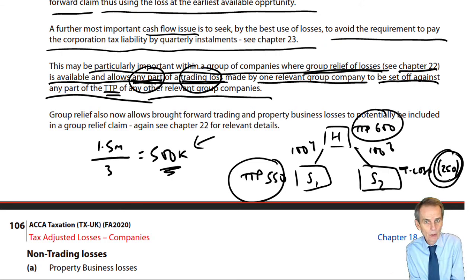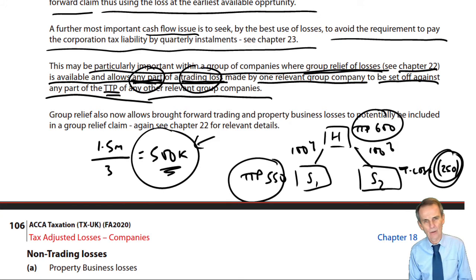Now then, I know we haven't studied groups yet, and this is new to you. I've only just introduced the concept of the use of these losses. But have a look at what we have there. We have a profit limit of £500,000. We have profits here for the holding company and for S1 in excess of 500,000.